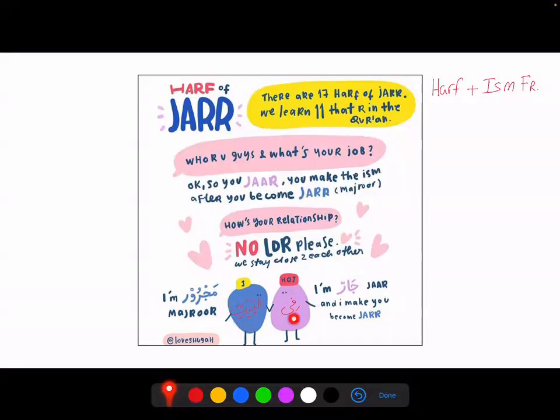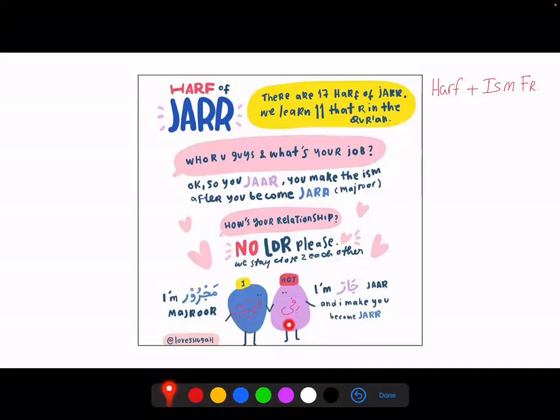So when I see fi, I'm expecting baiti, not baitu or baita. That would be totally wrong. After fi, or whatever more harfu jar we will learn, we are expecting an ism jar in status.